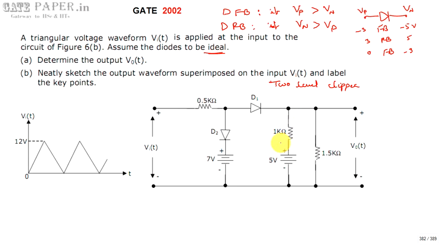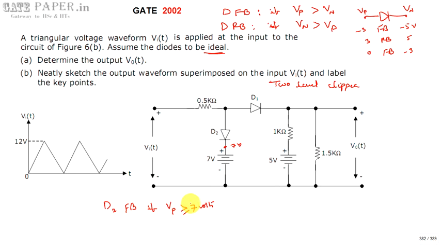Now come to the diodes. There are two diodes, D1 and D2. Looking at diode D2, the N side is directly connected to a reference voltage of 7 volts, because the positive terminal is connected to the N side. D2 will become forward biased if the voltage on the P side is greater than 7 volts.